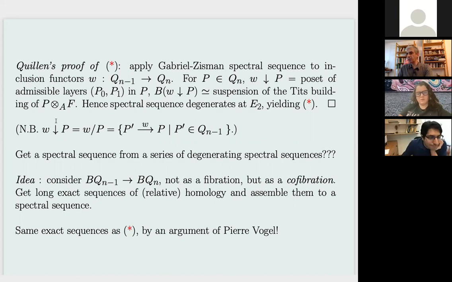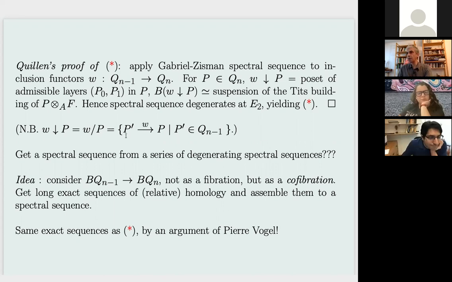It's explained here. Sometimes it's written W over P. So the objects are maps from P' to P via W for P' in Q_{n-1}. And morphisms are just commutative triangles. In this case, there's no mystery. It's a fully faithful functor. So this is the comma construction.